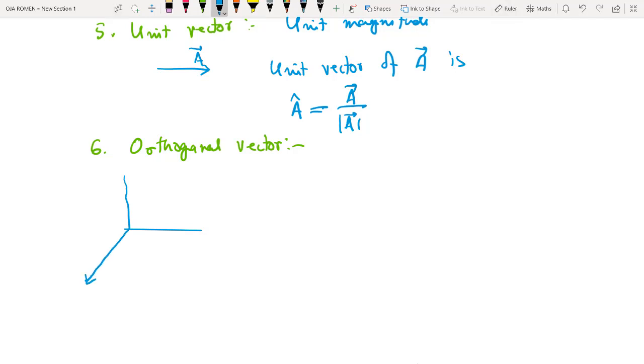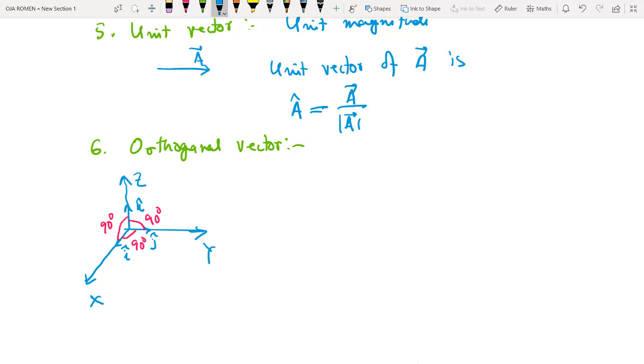So this is x-axis, y-axis and z-axis. So i is unit vector along x-axis, j is unit vector along y-axis, k is unit vector along z-axis. So they are perpendicular to each other. This angle is 90 degrees, this angle is 90 degrees, this angle is 90 degrees.